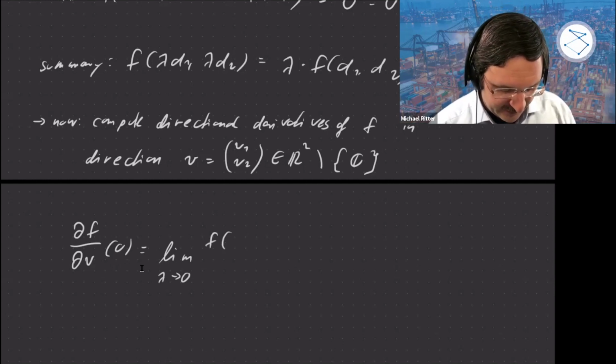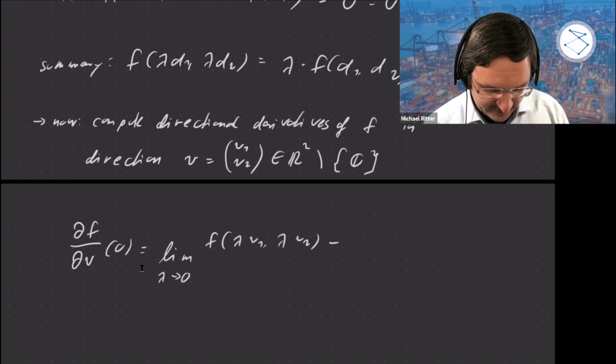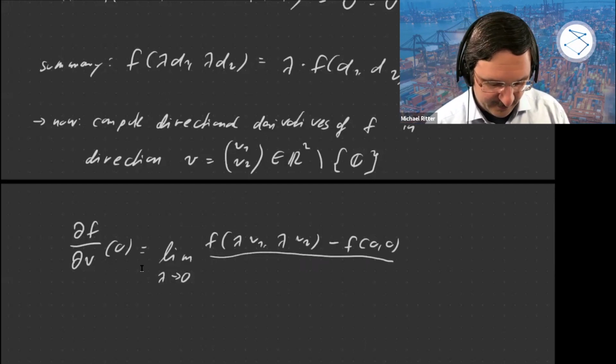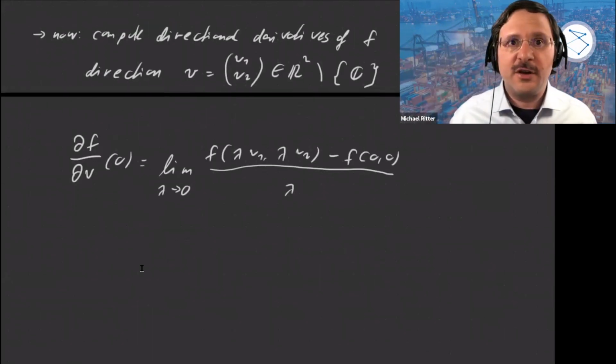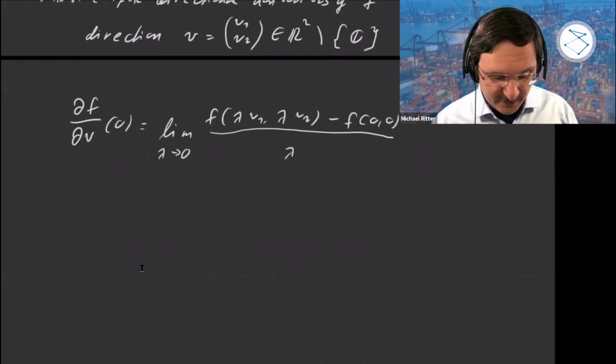So that's f of lambda v1, lambda v2, minus f of 0, 0, divided by lambda. That's simply the one-dimensional definition of the derivative. You'll hopefully remember that one.